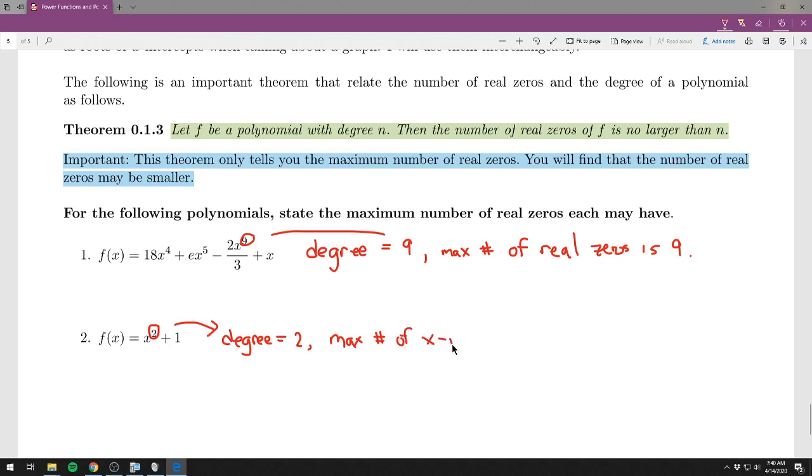I'm going to use x-intercepts this time, just to go between the different words. Now the reason I want to bring this up is to stress what this theorem is saying. It does not tell us we have 2 x-intercepts. In fact, for this one, there's going to be 0 because this is the graph of the parabola shifted up one. It's never going to have an x-intercept.